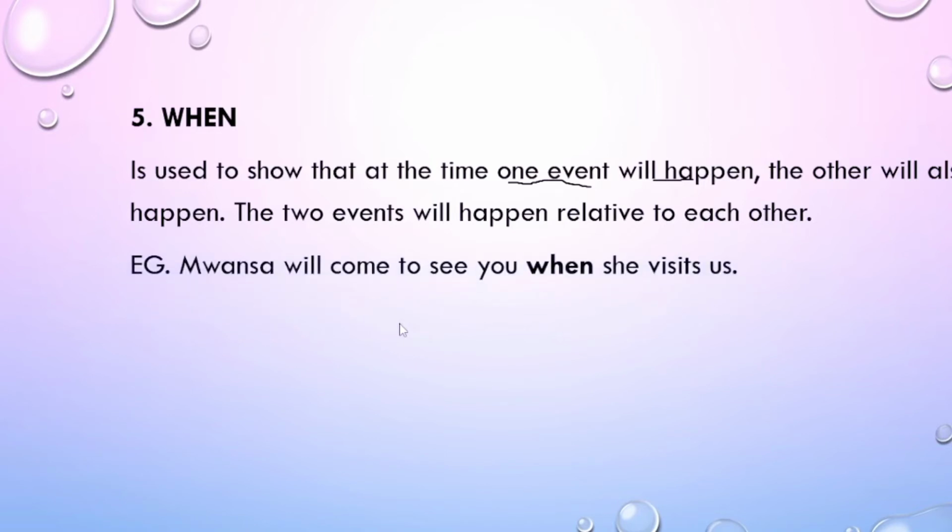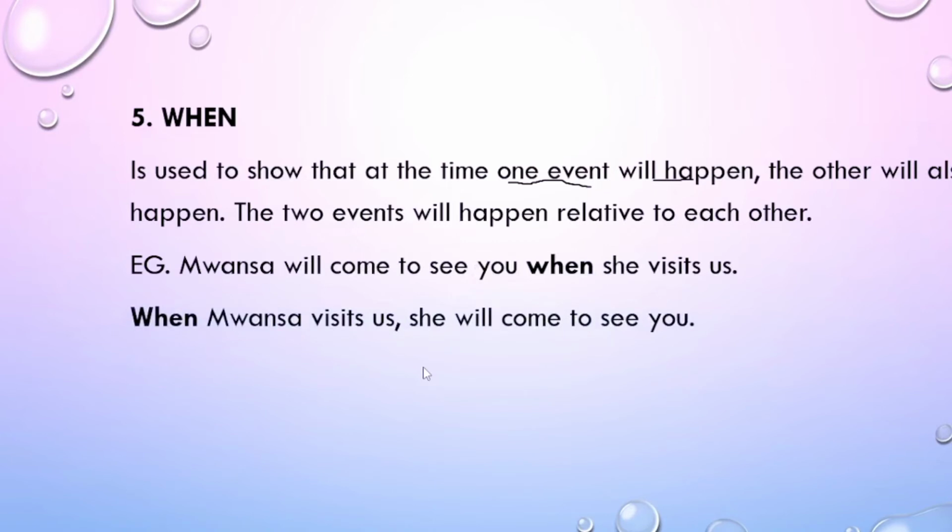Mwansa will come to see you when she visits us. Look at this. Mwansa will come to see you when she visits us. So, at the time Mwansa will visit these people, she will also come to see this person. You see? So, at the time this event of visiting will happen, the other event of coming to see the other person will also take place.